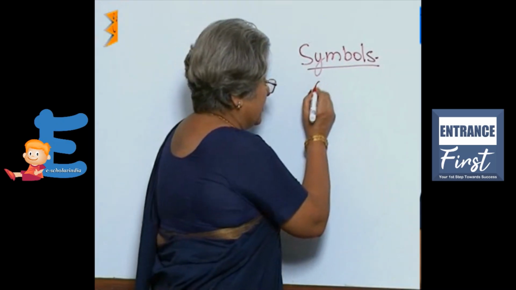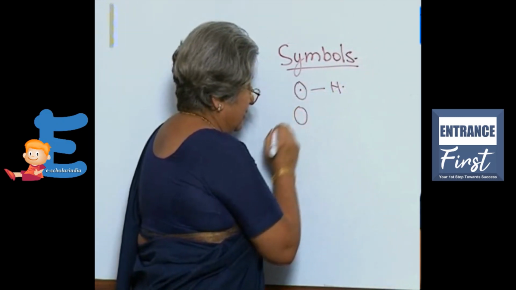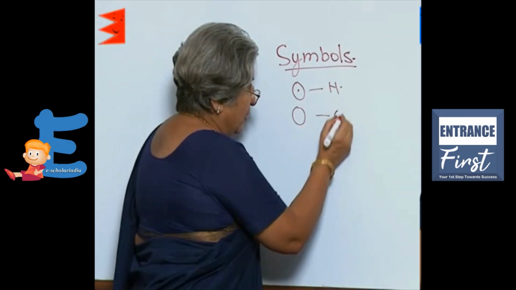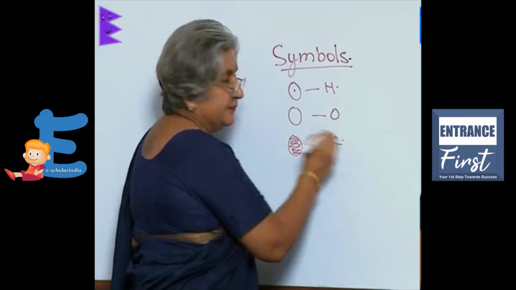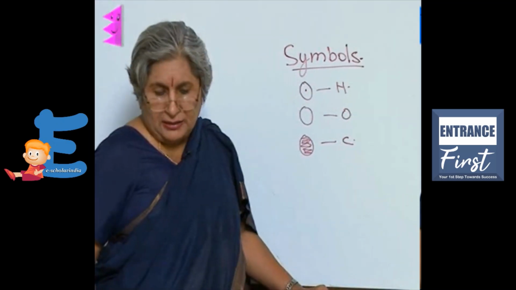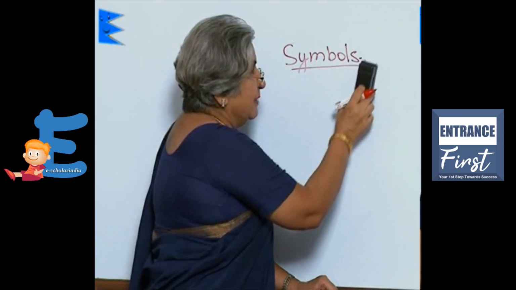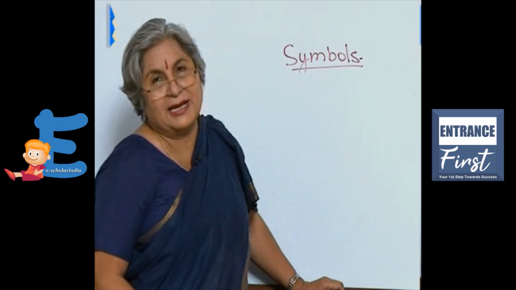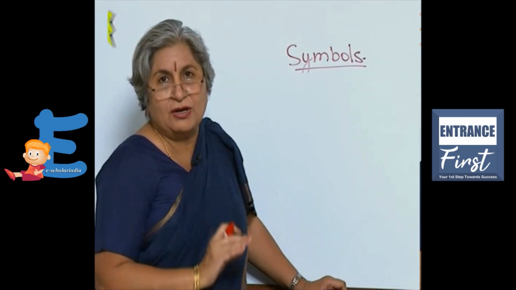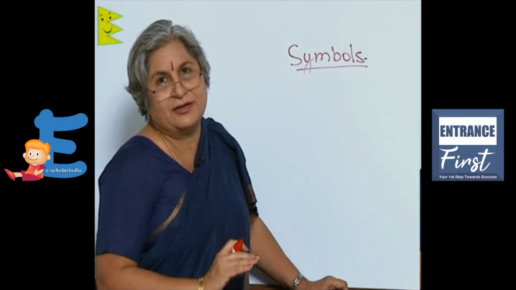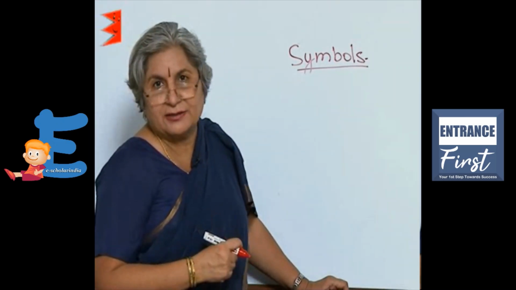Like they used a dot in a circle for hydrogen, an empty circle for oxygen, and a shaded circle for carbon. But later on, they devised a method by which they had proper symbols for all the elements, so that it becomes universal. That means all over the world, the same symbols are used. So it is easy to understand. And also, they are short.